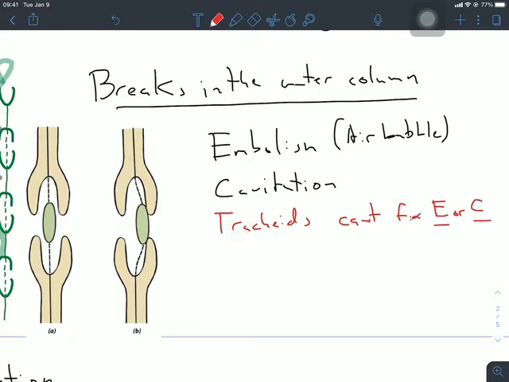Plants, because all of these cells are dead and their neighbors are dead, they're not going to be able to force water in the same way. So tracheids have the additional drawback of really not being able to fix these air bubbles unless they're in some of the more advanced angiosperms, which have developed methods through root pressure to force water back in.